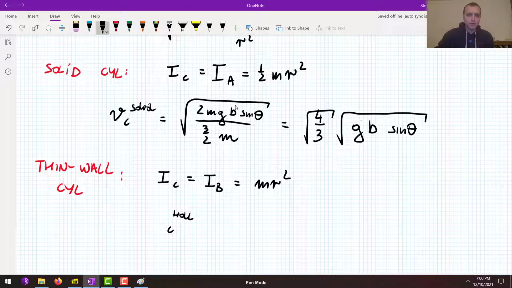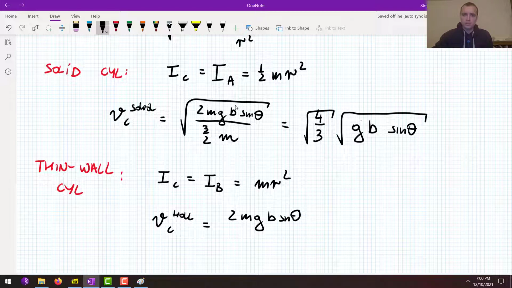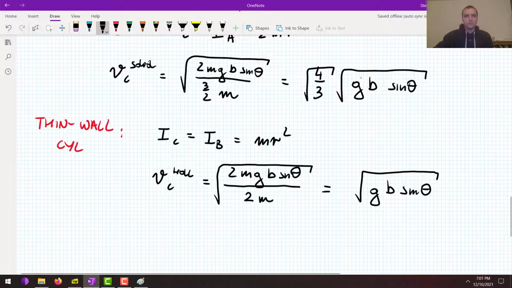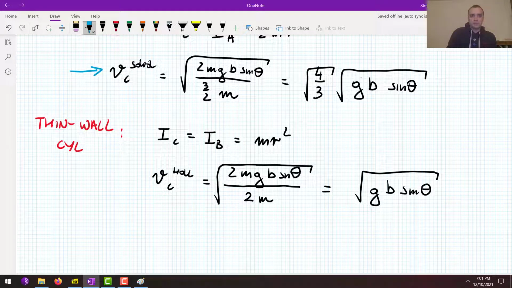Of course, VC hollow will be equal to 2mgb sine theta divided by, I believe, just 2m. So this is equal to just gb sine theta. Okay, we found our solution. This is our VC of the solid cylinder, and this is our VC of the hollow cylinder.